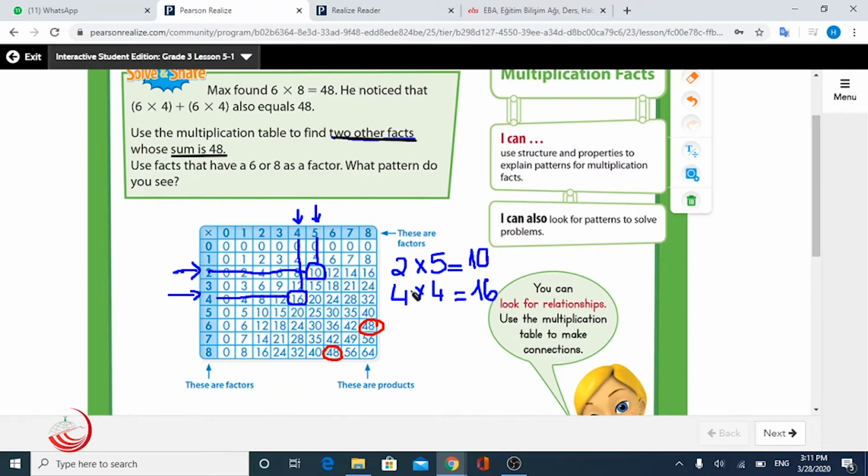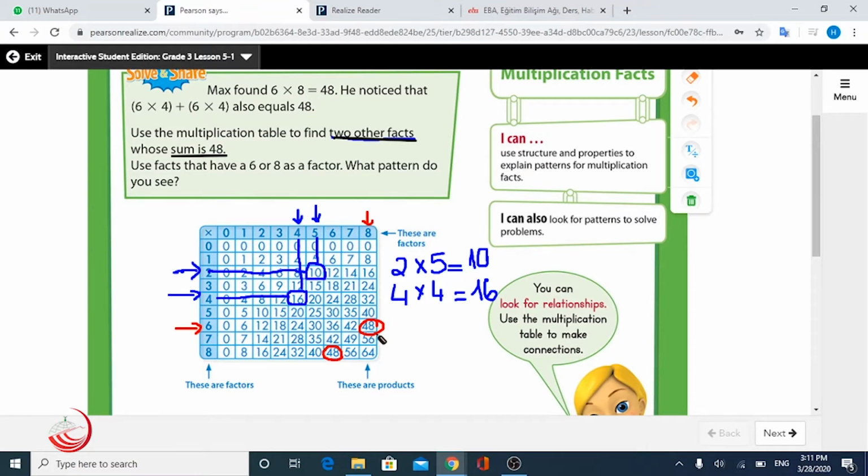He said that 48 is 6 times 4 and 6 times 4. Let's see. This is the row of 6. And where is 48? It's right here, so it is 8 and 6 as factors.